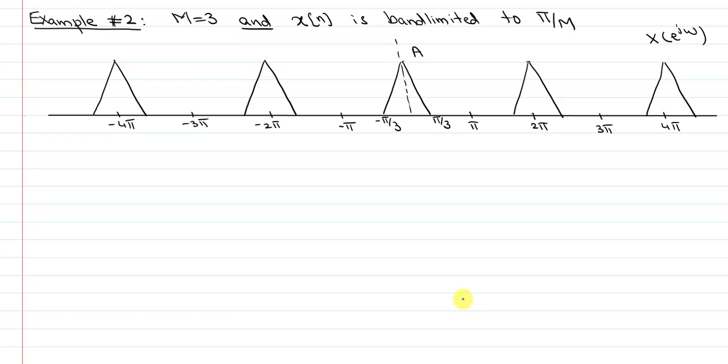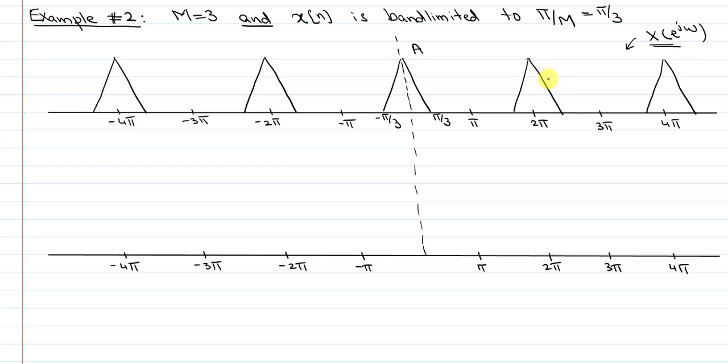This is an example where we want to do downsampling by a factor of 3, and our original sequence is band limited to pi over M, which is equal to pi by 3. And let's assume that this is the Fourier transform of my original sequence that we are downsampling. So now what happens to our downsampled version?